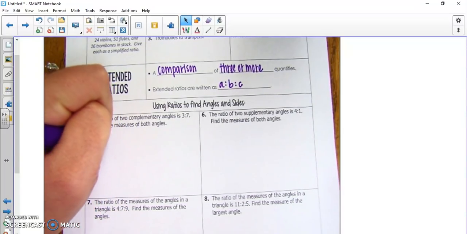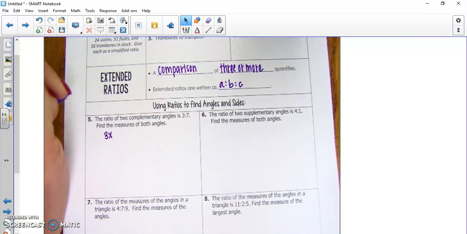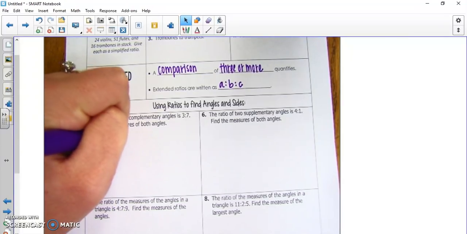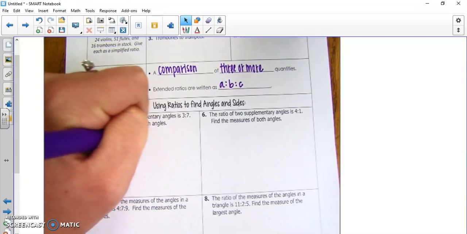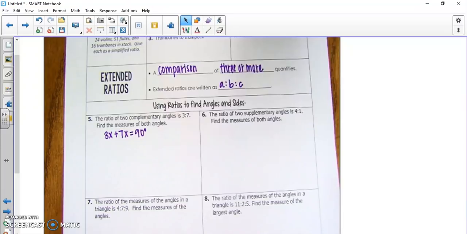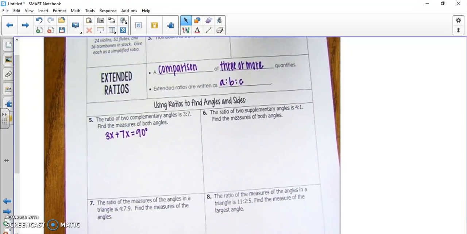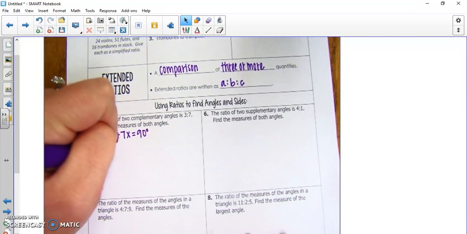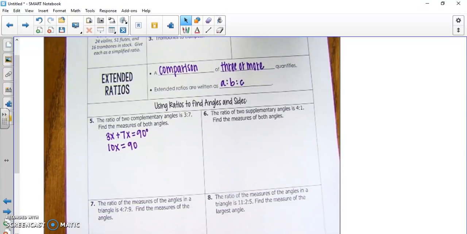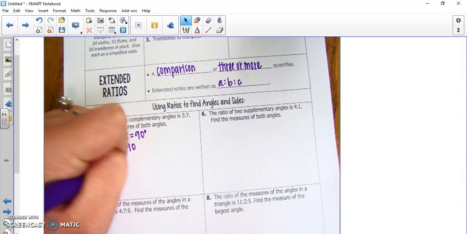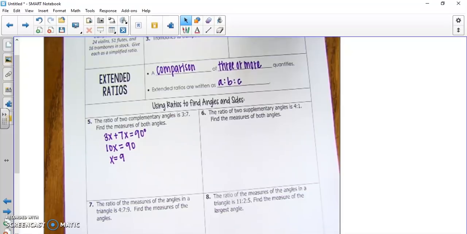So we're going to have 3x plus 7x equals 90 degrees. Now, we can say that 10x is going to equal 90. Then we can say that x equals 9.